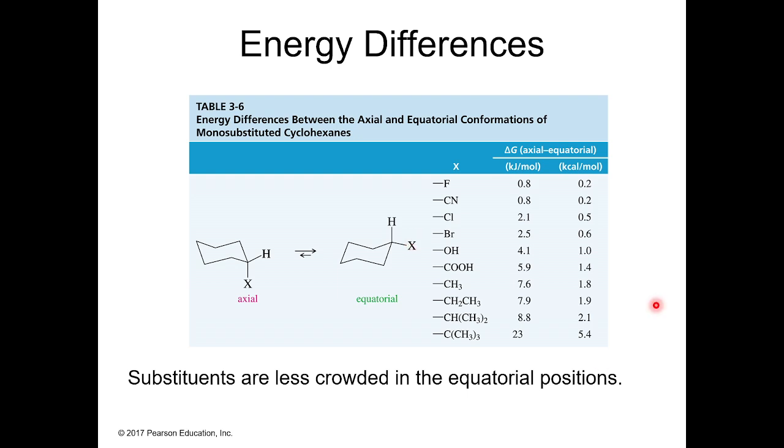Even if we have something fairly small, this does have some energy difference, doesn't it? Fluorine is just a little bit bigger than hydrogen, so it has a little bit of energy difference. Anybody have any questions there?